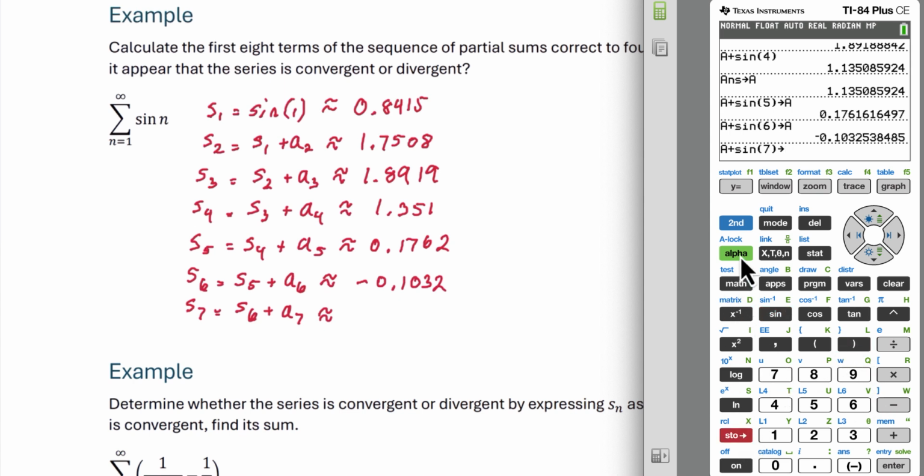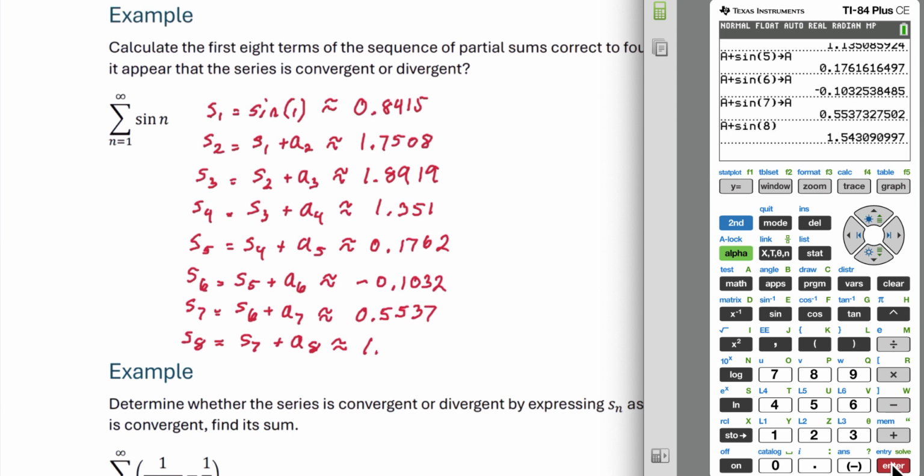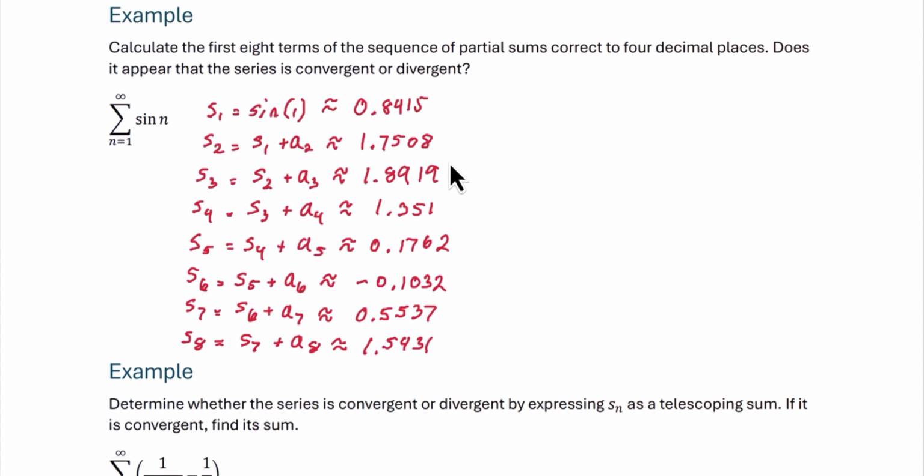And I'm going to store that this time in A. We get 0.5537. One more, S8 is S7 plus A8. Alpha A plus sine of 8. And this time we get 1.5431. Notice that there doesn't appear to be any kind of trend like we saw last time.